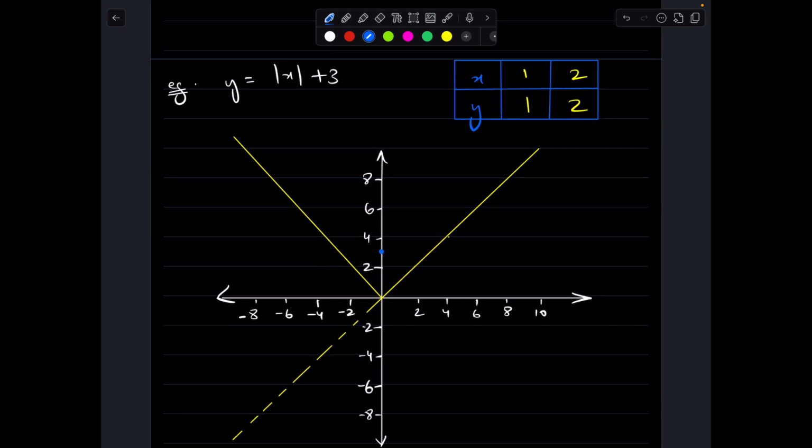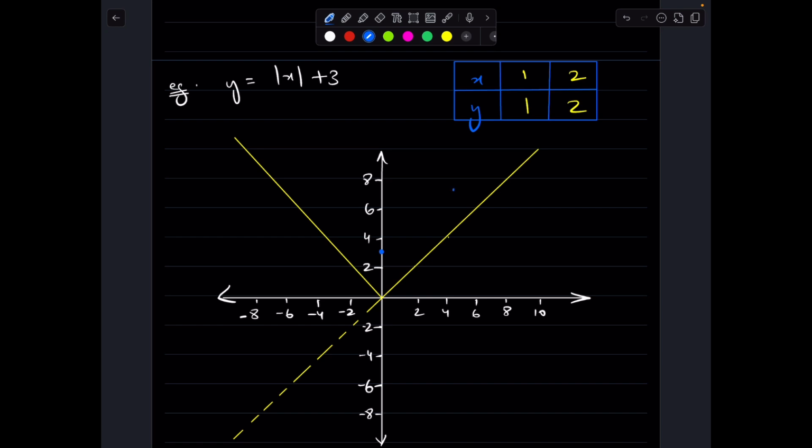So this point will also go vertically upwards, and this point would also go vertically upwards, making the graph look something like this. And the graph in blue is our final graph, and label this as answer, and also as y equals modulus of x plus 3. And the graph in yellow and all the intermediate graphs should also be labeled.